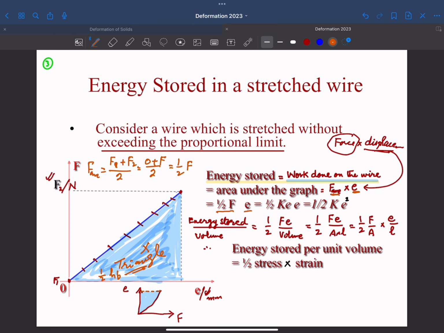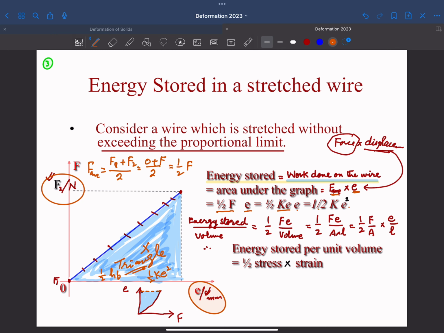Now, you already discussed in the first lecture that F is nothing but K E, where K is the spring constant. So F equal to K E gives you half K E, and the other E is already here. So half K E squared. So the area under the graph is nothing but half K E squared, because the quantities are extension and force.